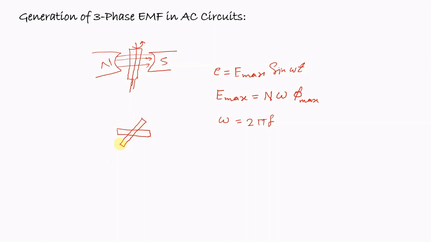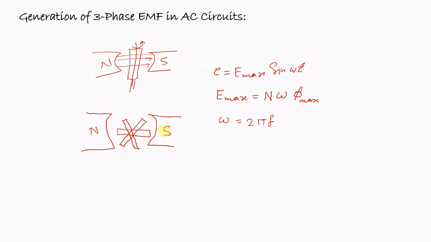Three different coils are joined together and they are placed in a common magnetic field. The three coils should be identical.